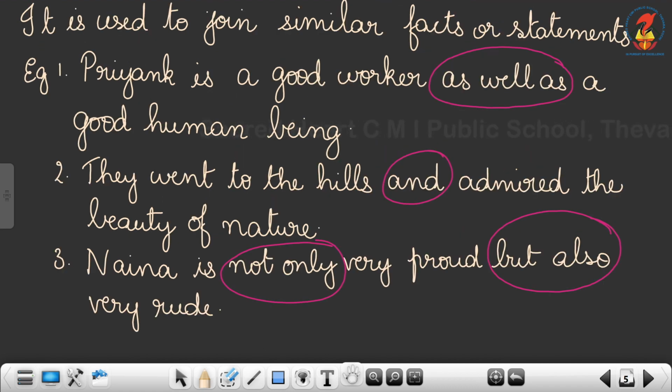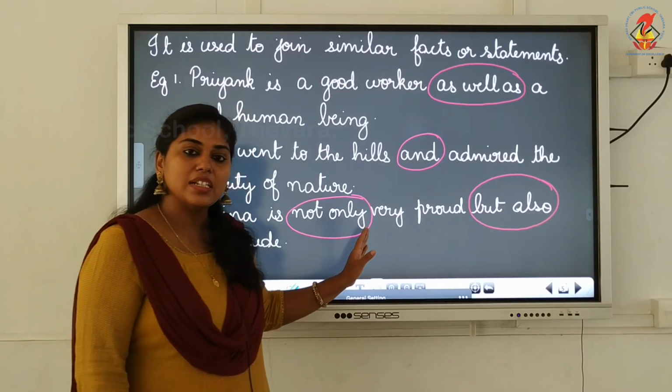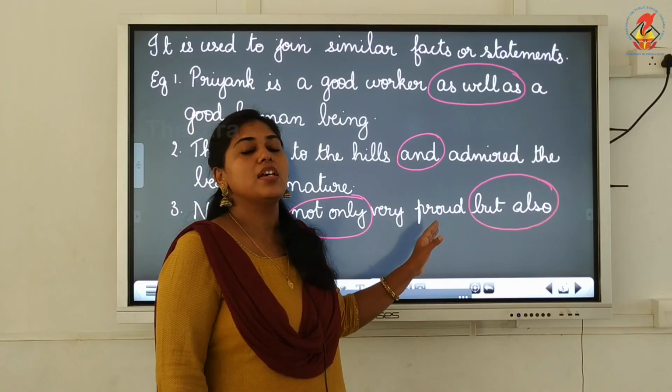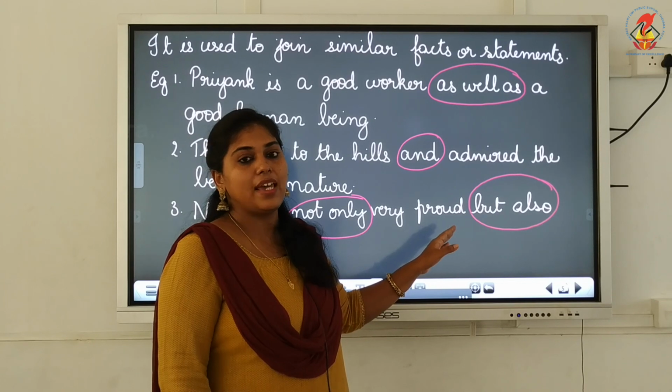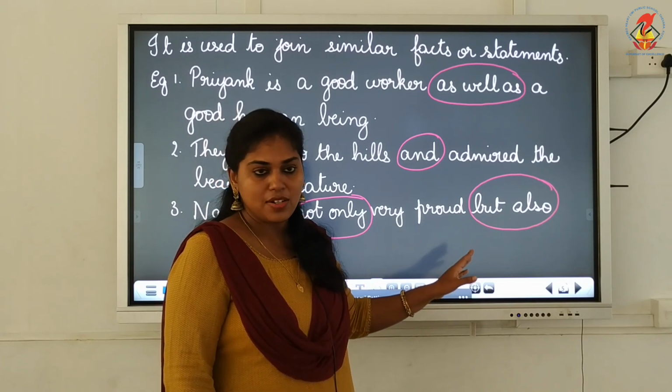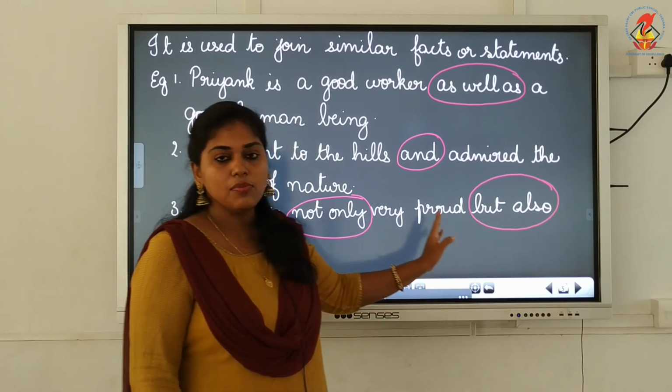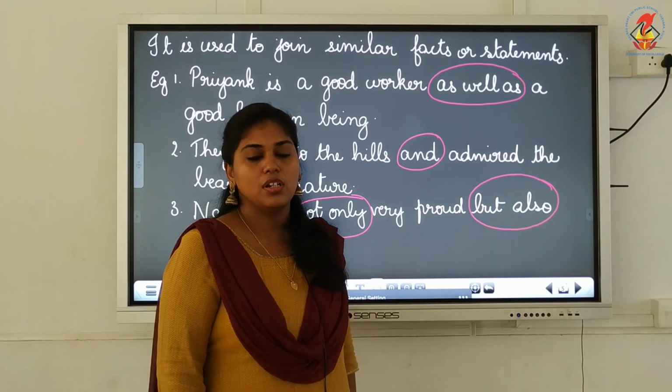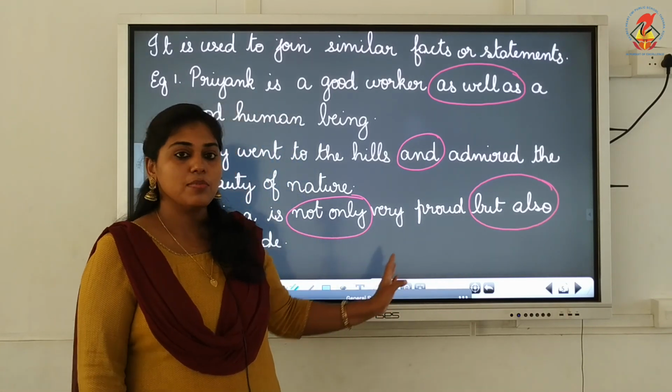Next one, Naina is not only very proud but also very rude. So here also the person's negative character has been highlighted, right? She is not only very proud but also very rude. Okay, so these two are similar points.